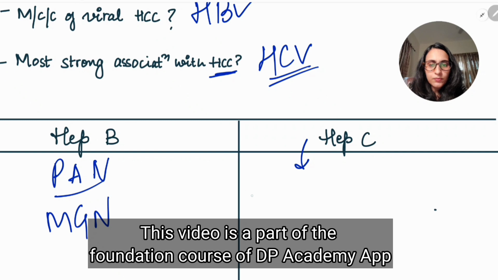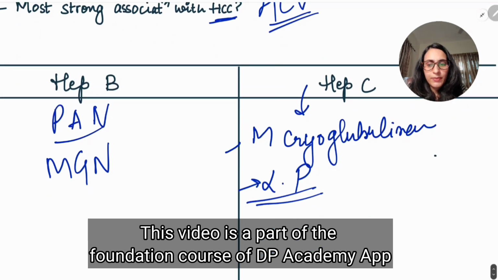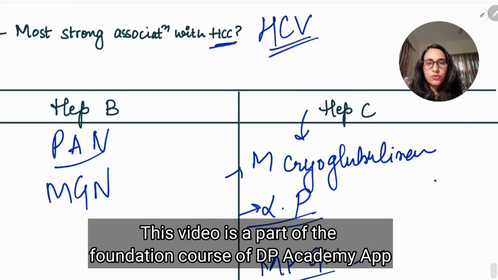Hepatitis C most commonly causes mixed cryoglobulinemia. It is associated with a skin lesion, lichen planus, in which we see the colloid bodies that we studied in oral pathology and medicine. It is also associated with membranoproliferative glomerulonephritis.